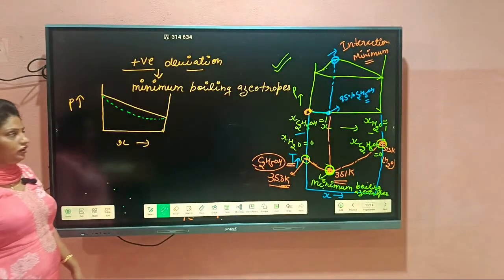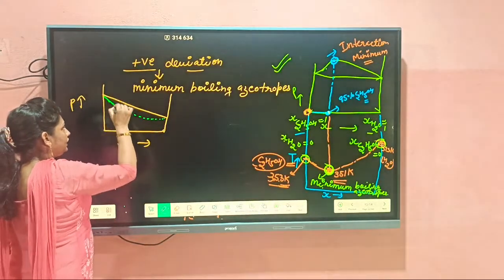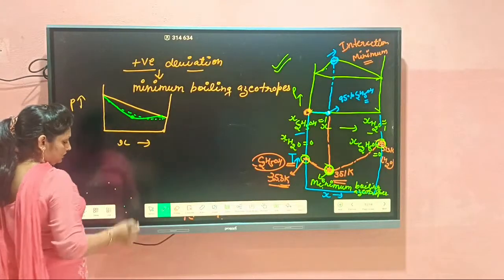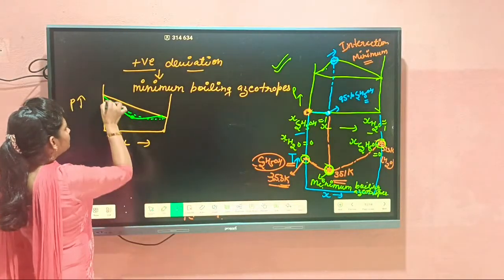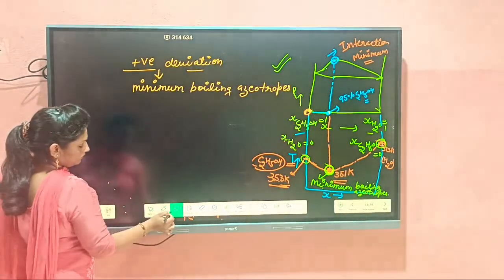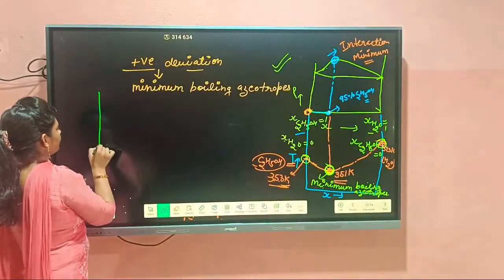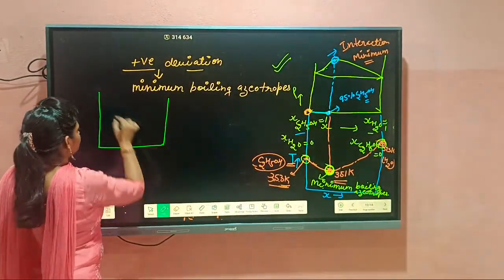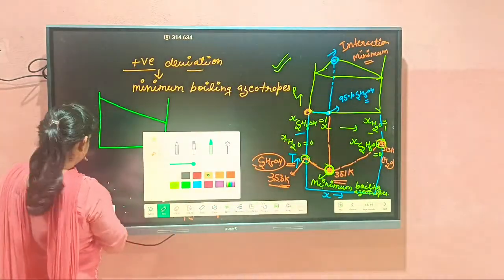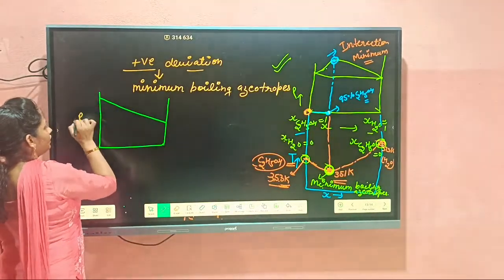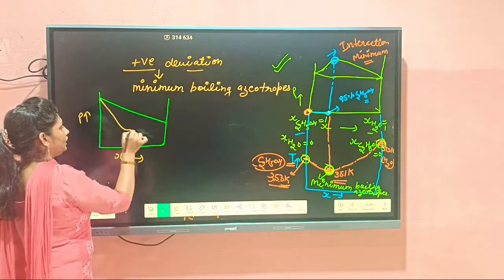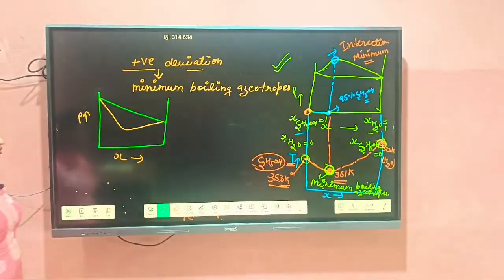In this way, it will be. This is the graph for the ideal solution for Raoult's law, and this is the graph for the non-ideal solution.